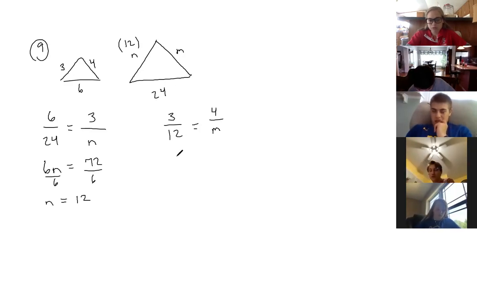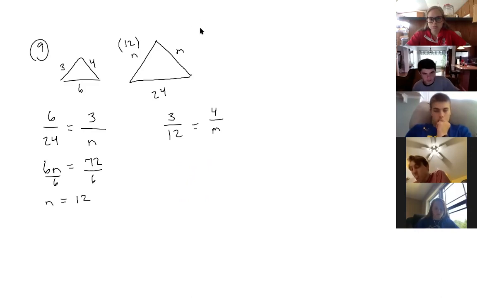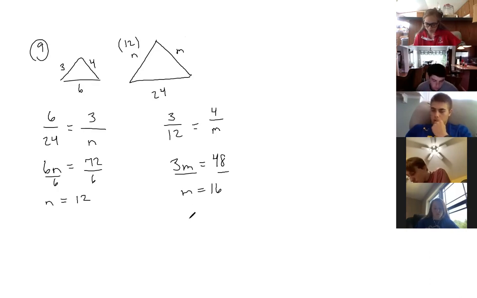I can reduce 3 over 12 to 1/4. 4 over m, and then cross multiply. m is 16. Or if I didn't think to reduce 3/12, then I could just cross multiply anyway. 3m is equal to 12 times 4, which is 48. m is equal to 16. You'll get the same answer there.